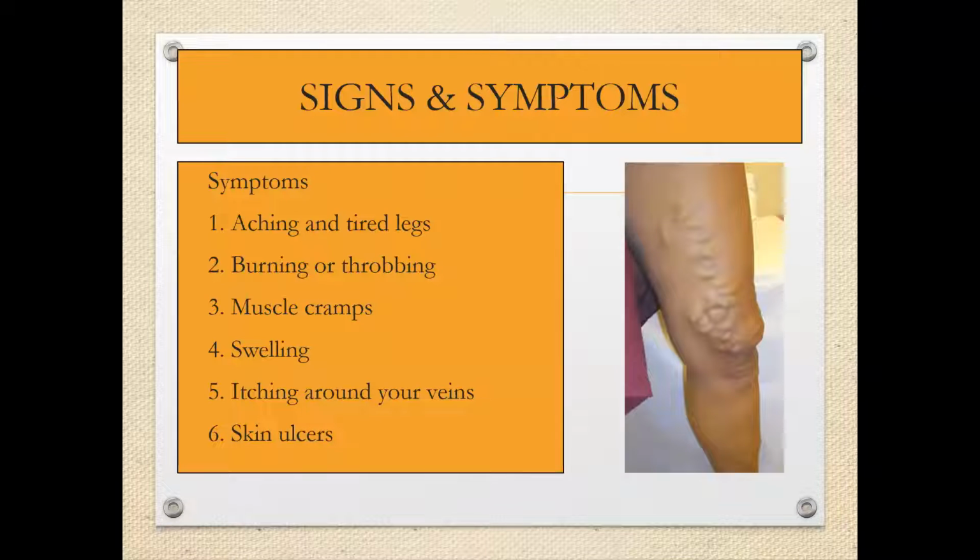With all this blood trapped in these varicose veins, people obviously will get swelling of their leg, which can be quite significant. The other thing that I hear very commonly, and people don't put one and one together, is your veins can become very itchy. As these varicose veins expand under your skin, they stretch.